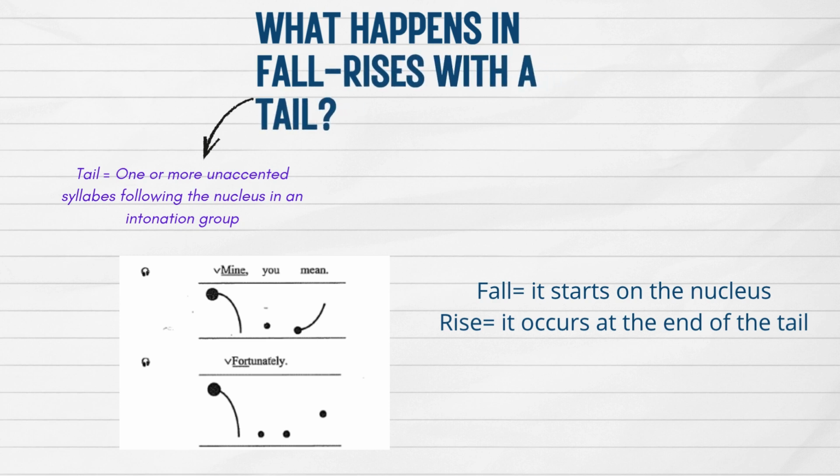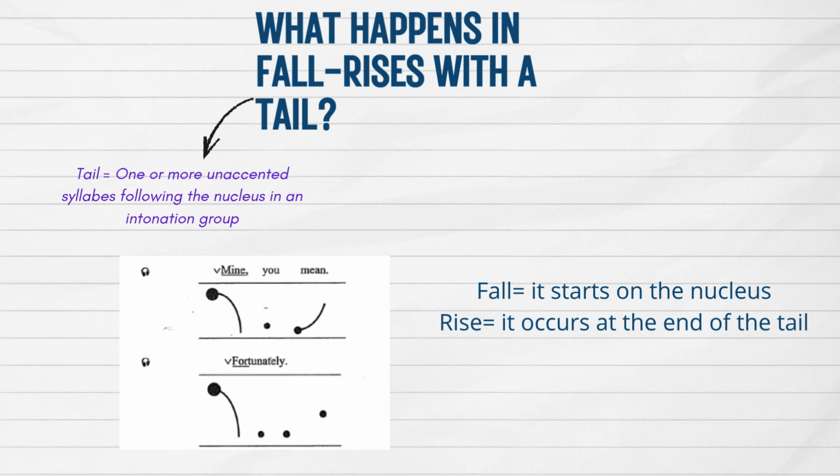On the other hand, what happens in four rises with a tail? Remember that a tail is defined as one or more unaccented syllables following the nucleus in an intonation unit. So, sometimes the four rise isn't just on one word. It can stretch across the end of the sentence or intonation group.